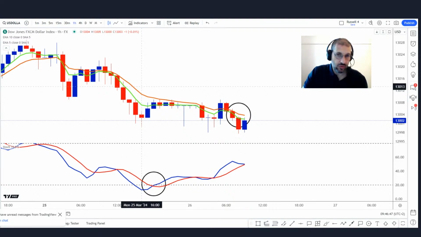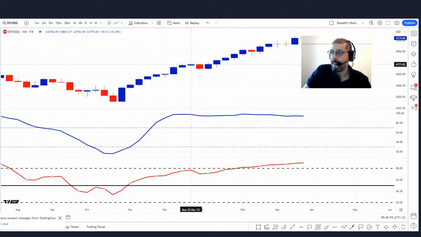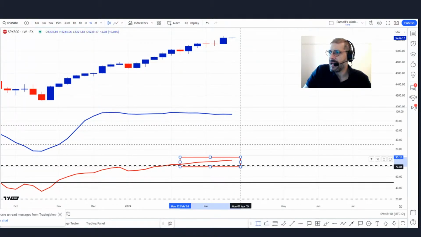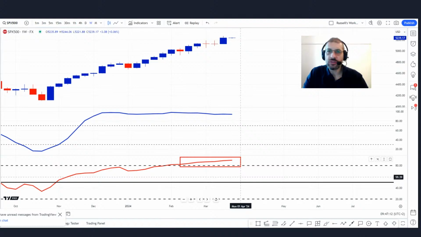Now the next chart I want to show you is the S&P 500. Here's the weekly S&P 500. We are overbought, and because we're overbought, one would be thinking that maybe we should be taking a short position.